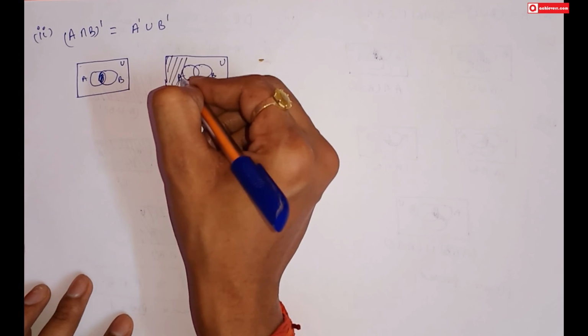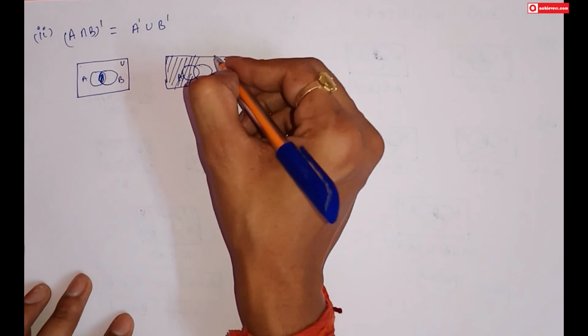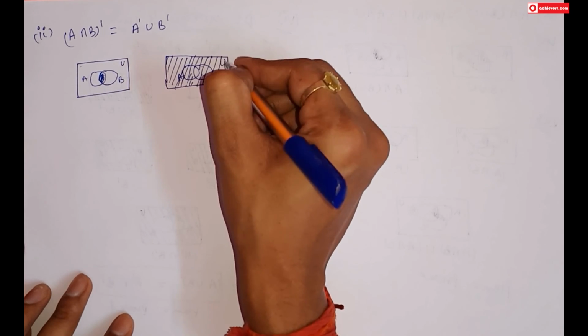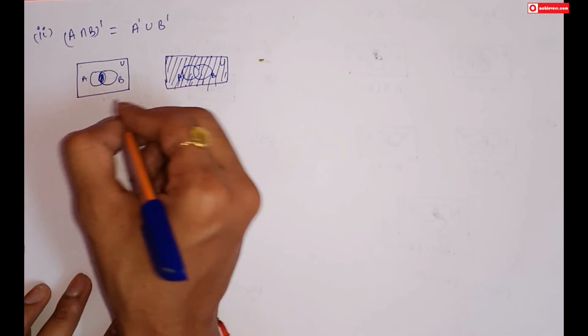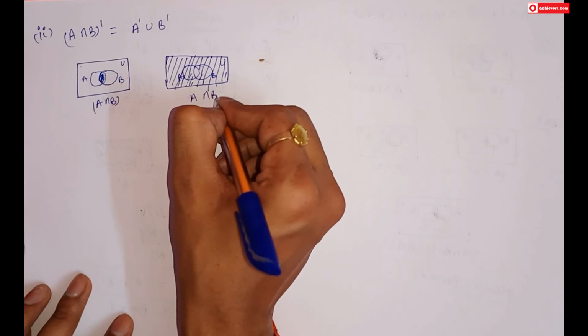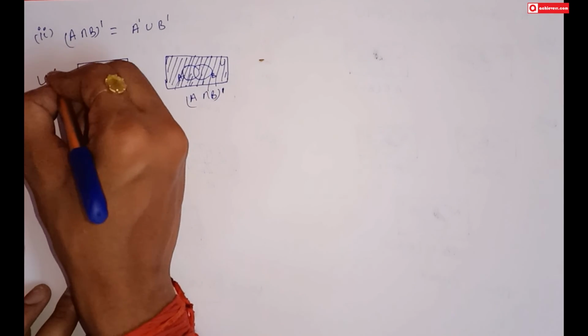So this whole part will be included. The portion which is not the common between A and B will also be included in this. So this is A intersection B, and this is (A intersection B) complement. So this one was our LHS.